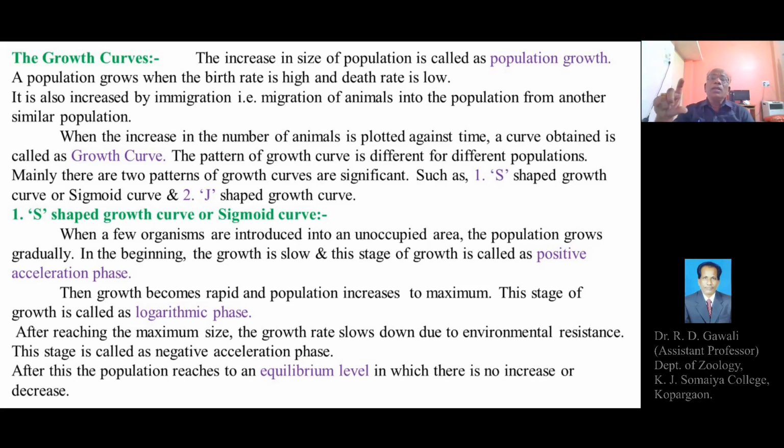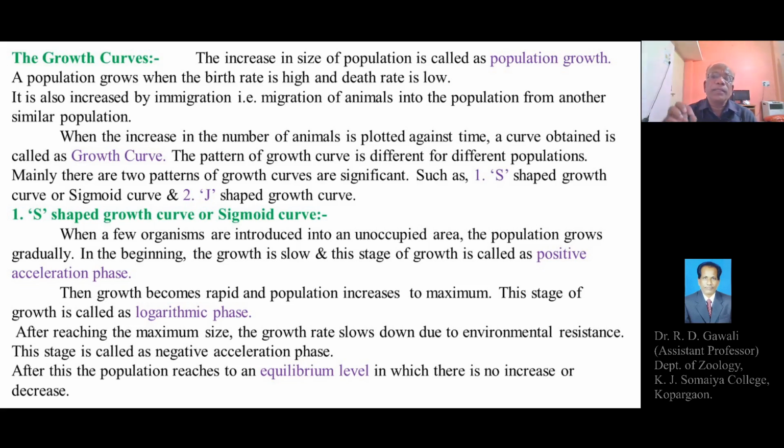Means, if we observe the growth pattern of a population in an S-shaped curve, these are the four steps representing the different patterns of growth in a population, in four phases.